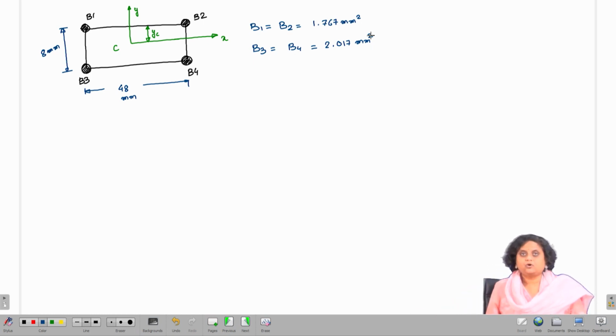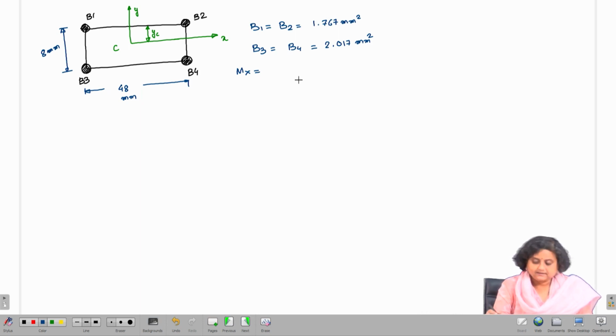Now, let us move on to the next part of the problem. The next part of the problem is to find out the direct stress or normal stress at the point 1. So, Mx is given as 500 kilonewton millimeter and My is given as 100 kilonewton millimeter.